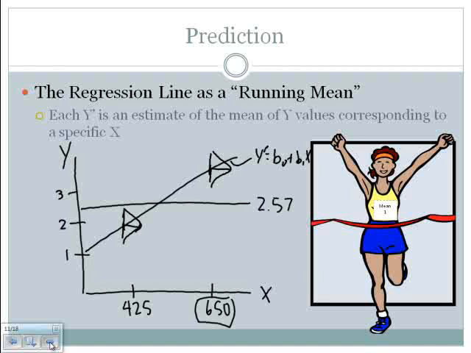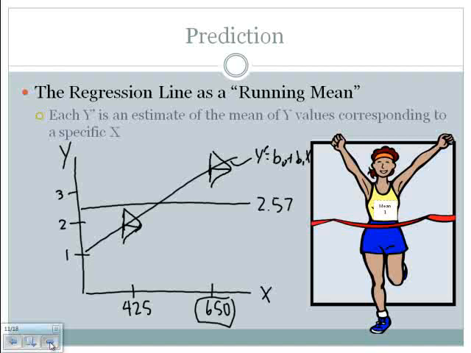That 3.1 is the best estimate of the mean of the distribution of possible GPAs at that SAT score. So I'll say that again. For x equals 650, if we decided that y hat was 3.1, then 3.1 is the best estimate of the mean of the distribution of possible GPAs at the SAT of 650.